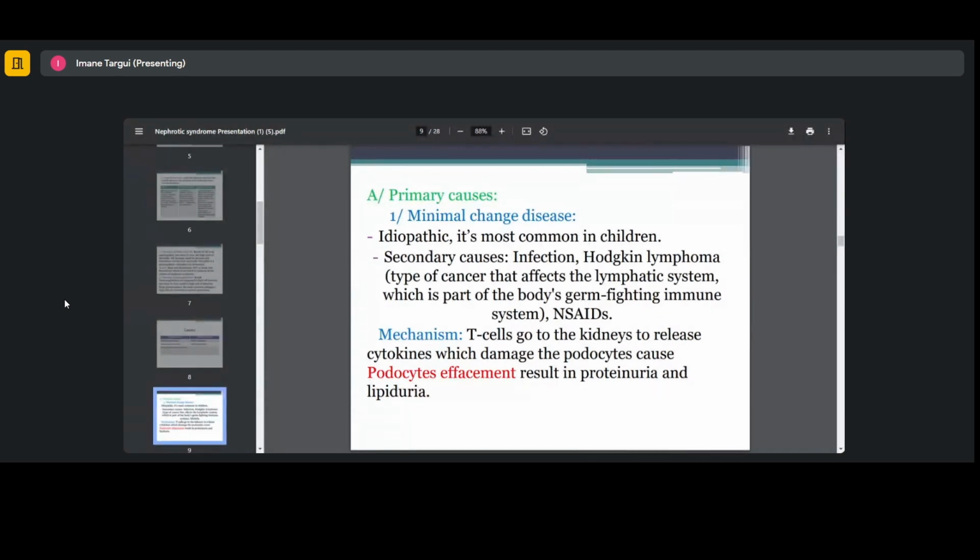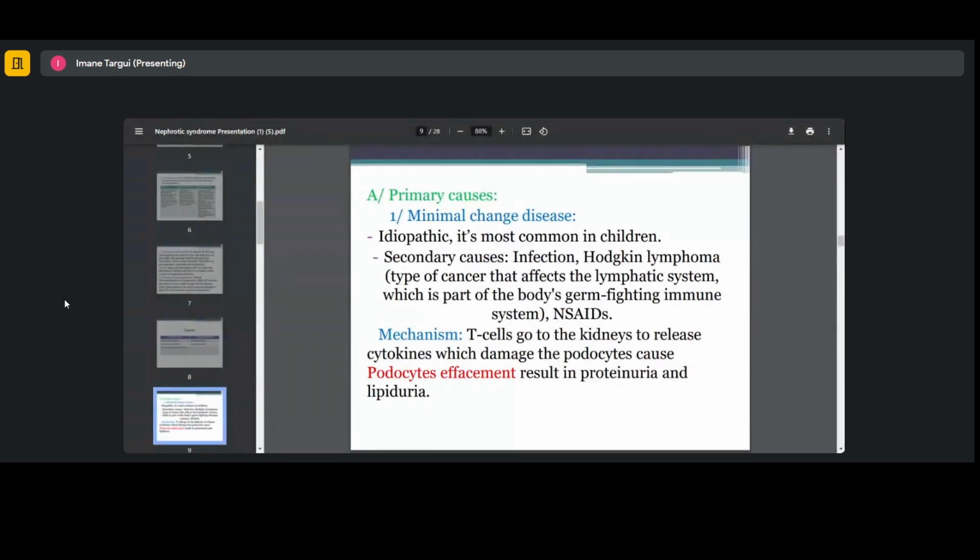Mechanism: T cells go to the kidney to release cytokines, which damage the podocytes, cause podocyte effacement, and result in proteinuria and lipiduria.